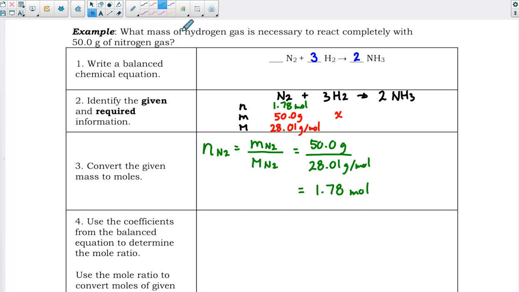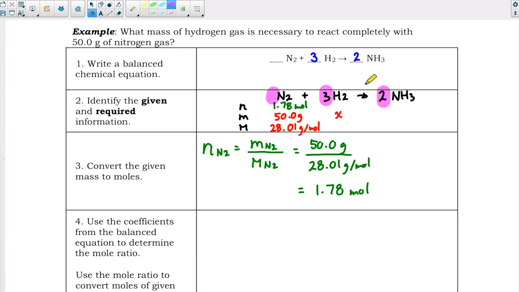Another piece of information that we can find is the molar mass of H2. Remember from your previous unit, you only look at the compound itself when you're finding the molar mass. These coefficients, this invisible 1, this 3, this 2, are used for one thing and one thing only.